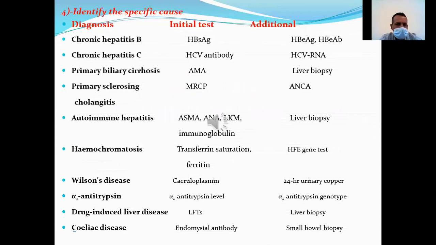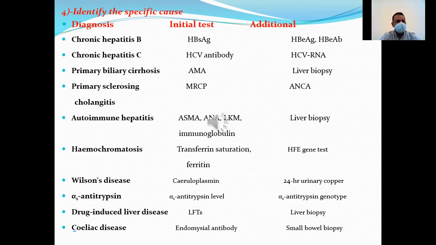Fourth, the tests or investigations that identify the specific cause. If you suspect a specific liver disease, there is a specific test for this disease.